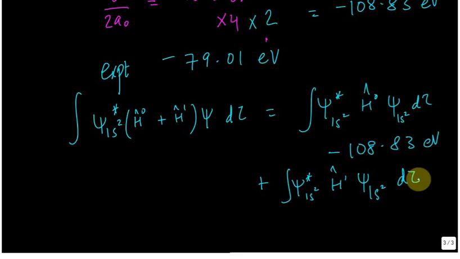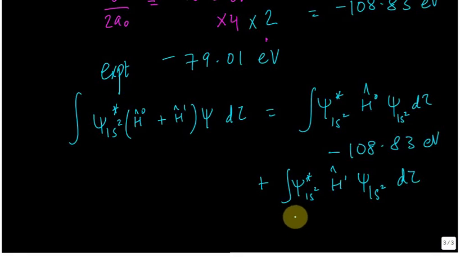Both my electrons are sitting in the 1s orbital. The first term is the H0 term, without the repulsion, and the second, H prime term, is the repulsion term. It's going to be a huge integral to evaluate, so I'll just tell you the result.